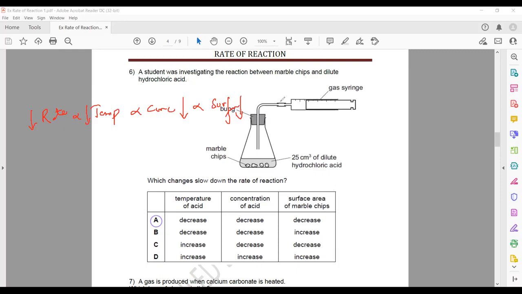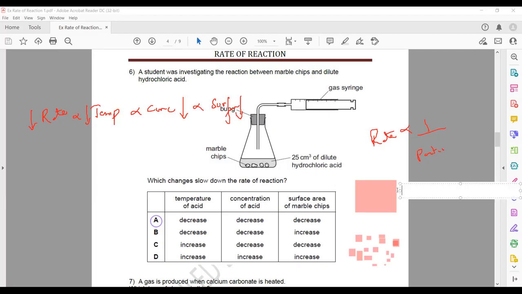If the same question was there with particle size, the relationship is inverse, because surface area and particle size are different things. If surface area is small, particle size is larger. For example, for lumps and powder: lumps have a small surface area but a large particle size.